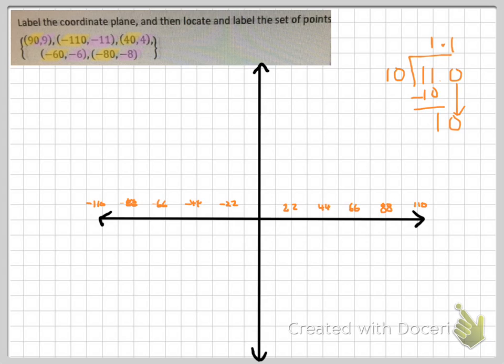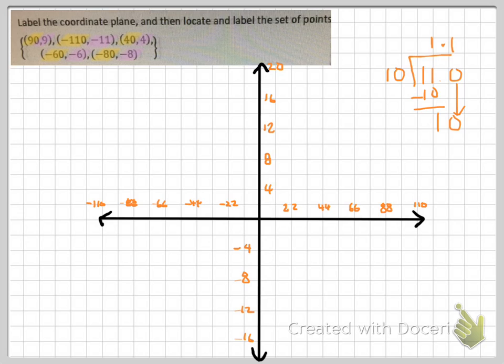So every space is going to be worth 2. So we'll have a 2 here. This will be a 4, 6, 8, 10, 12, 14, 16, 18, 20. So I did it by 2s. And on the negative side, same thing. Negative 2, negative 4, negative 6, negative 8, negative 10, negative 12, negative 14, negative 16, etc.